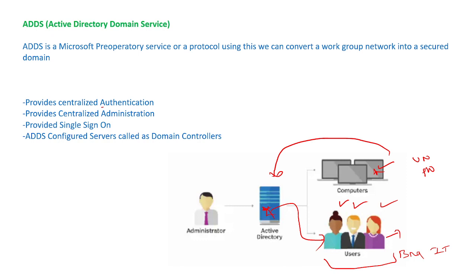And the third one is single sign-on. I told you, when you log into the office site every morning, or when your shift starts, you enter the username and password to prove your authentication identity. Once you enter them, the ticket granting ticket token will be given to you. That ticket is valid for 10 hours.